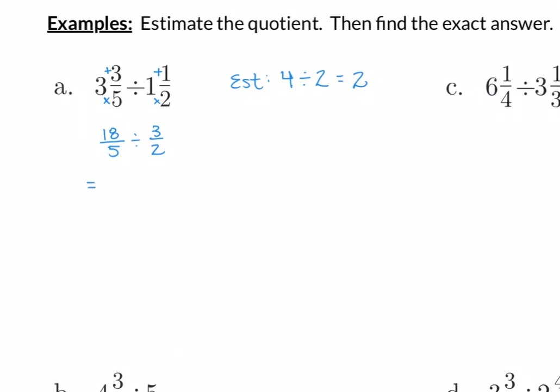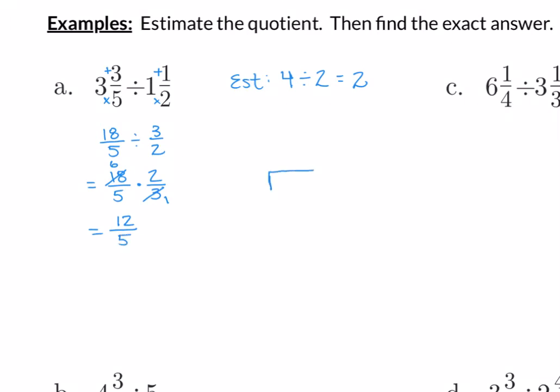From here, remember with division, we want to do our copy dot flip, so we get 18 over 5 times 2 over 3. I can cancel. 18 and 3 are both divisible by 3. We get 6 and 1. And if we multiply straight across, we get 12 over 5 times 1 is 5.